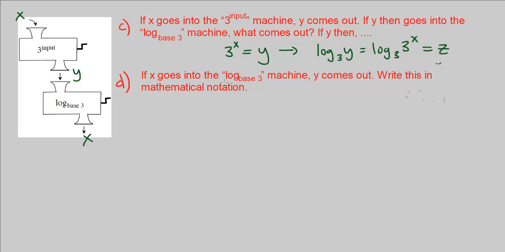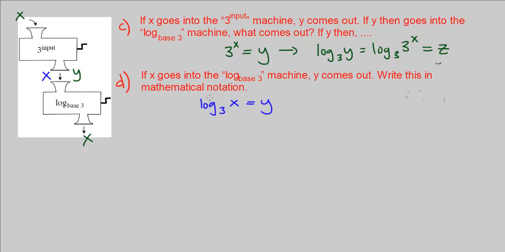So now if x goes into the log base 3 machine, here instead of some part D, let's use a different color. Let's plug in x into this machine now. Y comes out. So log base 3, if x is the input, y comes out.